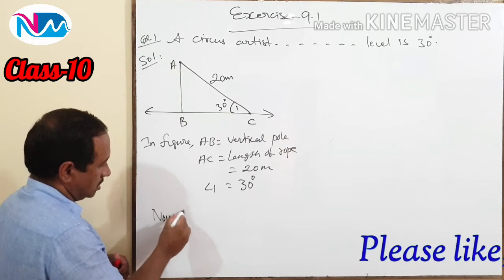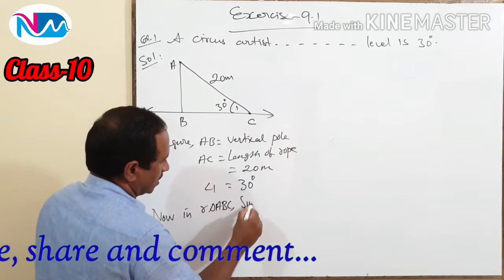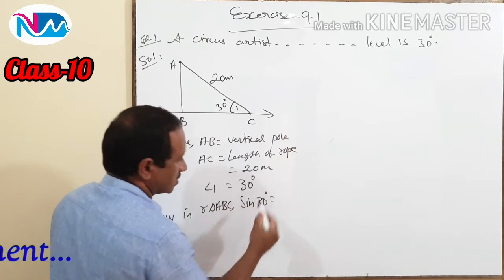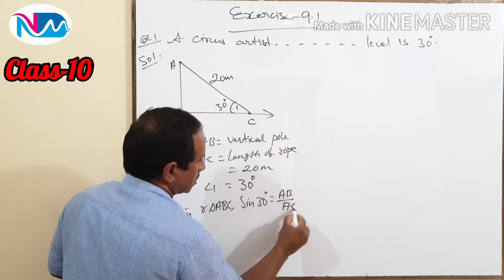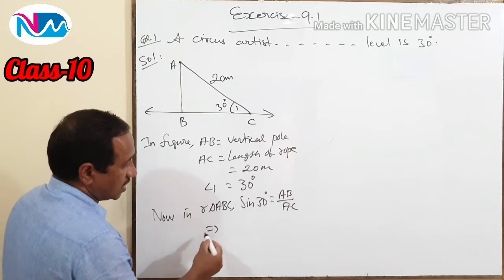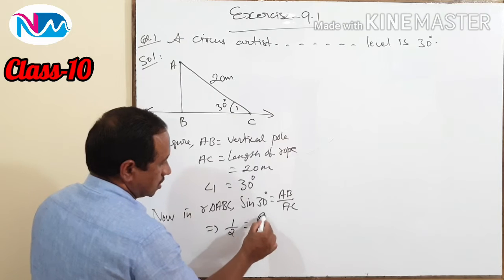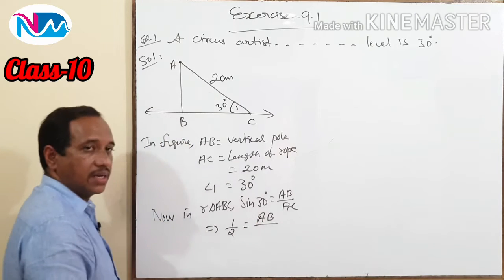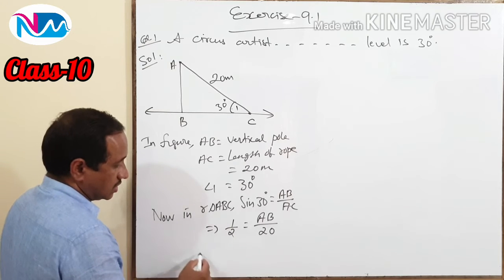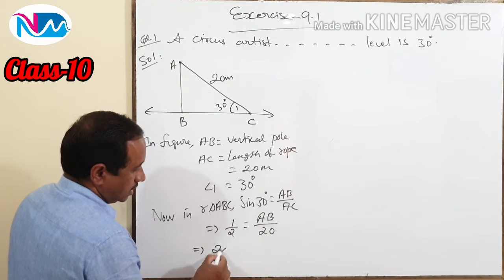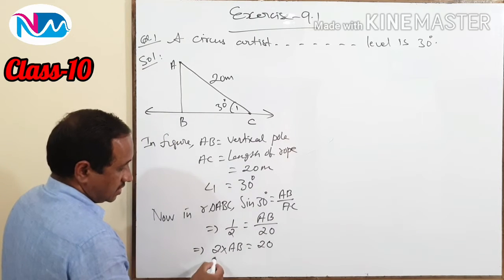Now, in right triangle ABC, sine 30 degree is equal to perpendicular AB by hypotenuse AC. You know what is the value of sine 30? That is 1 by 2. 1 by 2 is equal to AB by AC, which is 20. On cross multiplying, you know that you get 2 into AB is equal to 1 into 20.